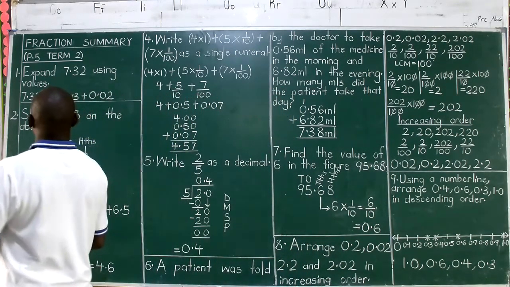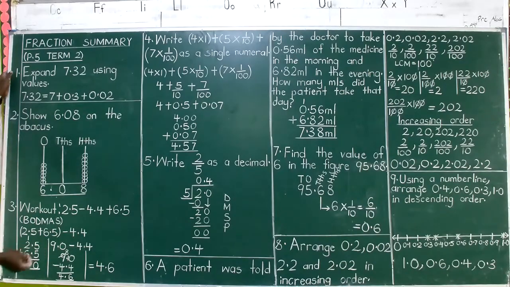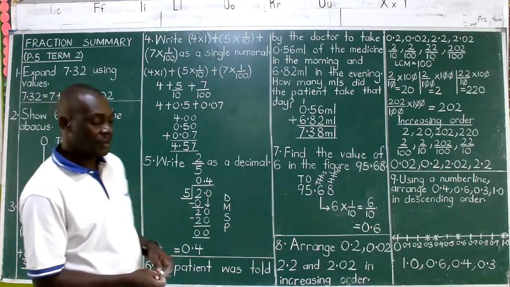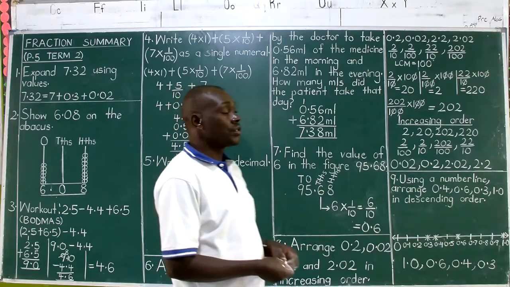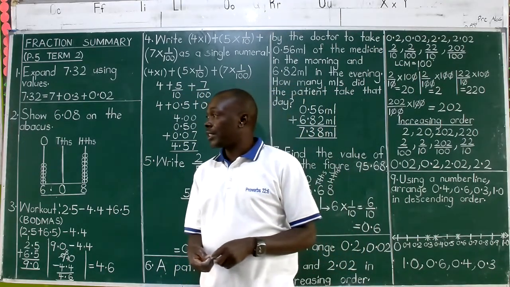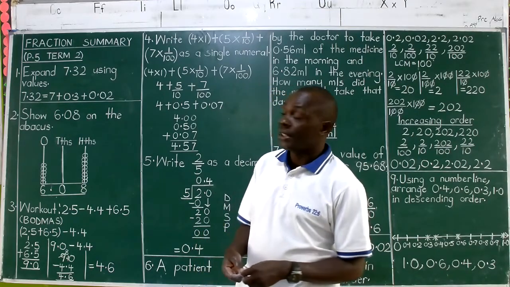Primary 5. And now the first number on the summary tells us to expand 7.32 using values. This is where people mix up the idea of finding values and the use of values to expand.